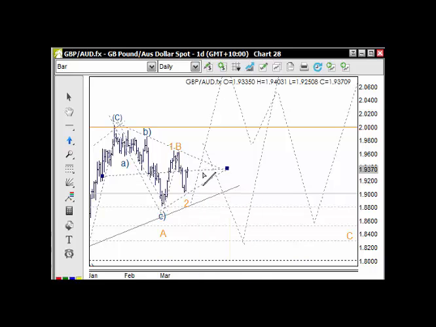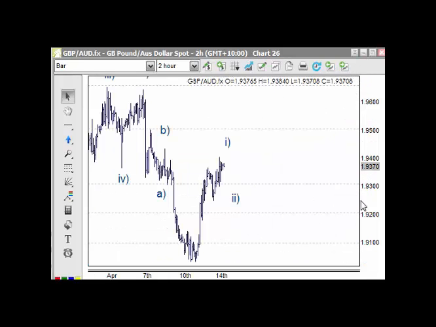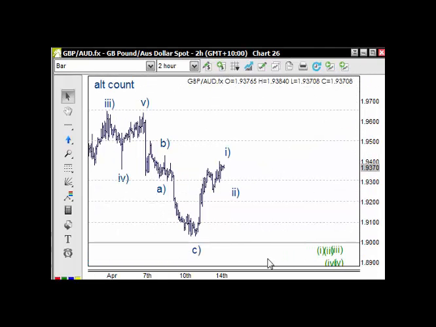So we're tracking 2 counts here within all of this. One of them is the positive count, where we're basically looking for wave 1 up, and we'll look for wave 2 back, and then further to the upside. The other count is in line with the other markets, which have been rallying in an ABC correction.